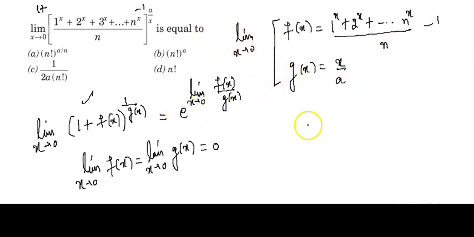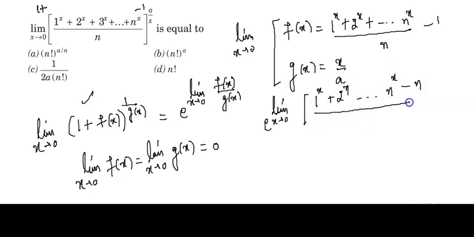So we can rewrite this expression as e to the power limit x approaches 0 of, and this can be written as, 1 to the power x plus 2 to the power x, and so on up to n to the power x, minus n, divided by n, and this divided by g(x), that means into a by x.